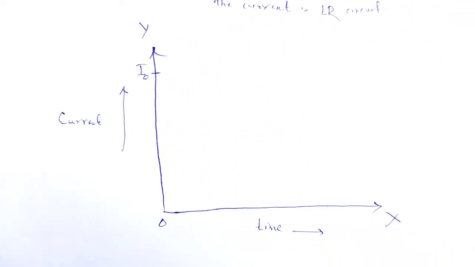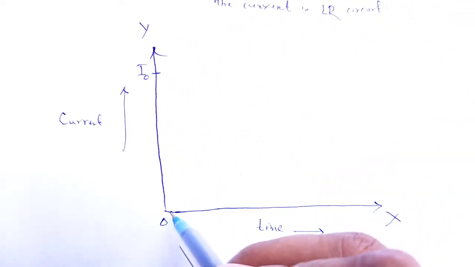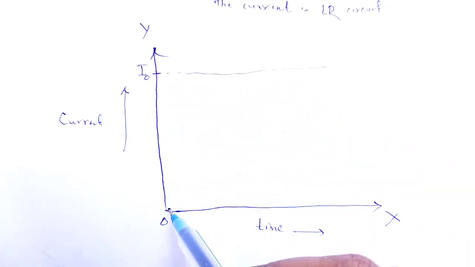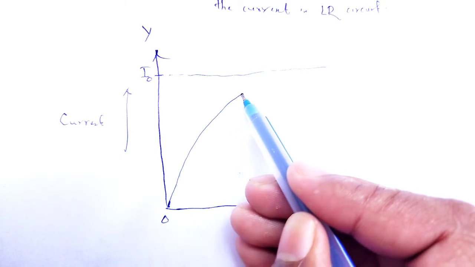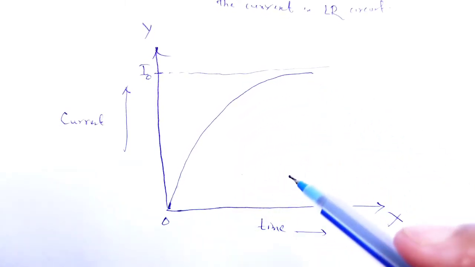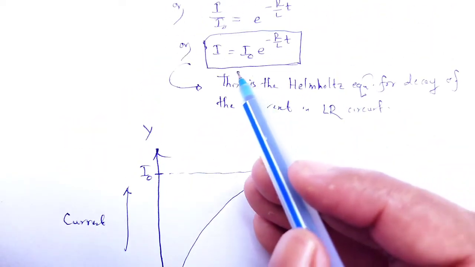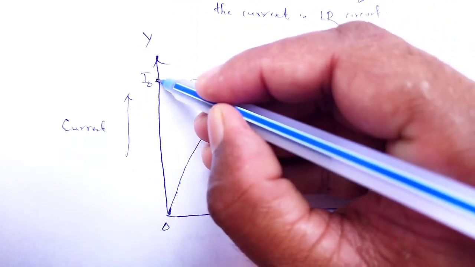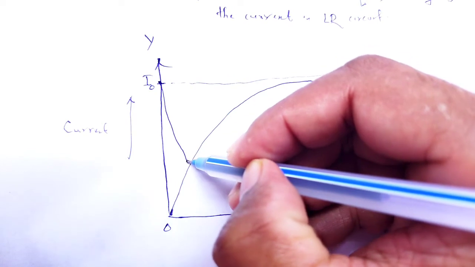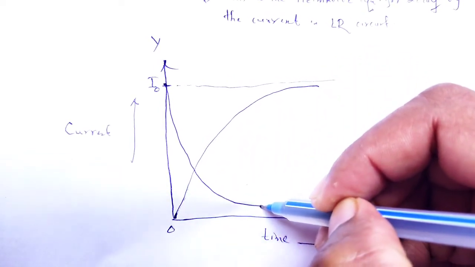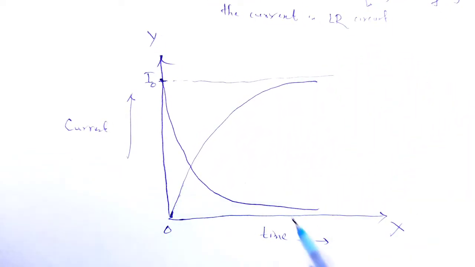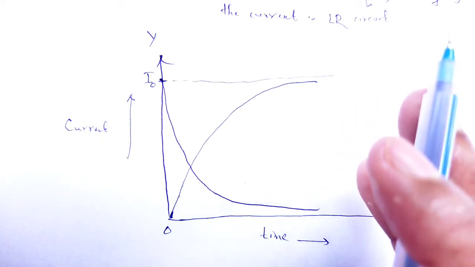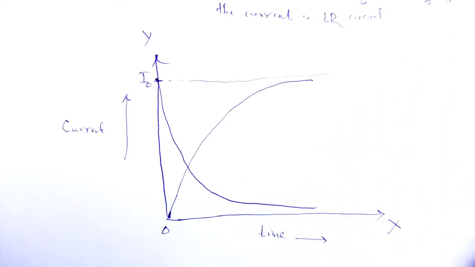So, in that growth case, the exponential curve looks like this. And in case of decay, I is equal to I naught e to the power minus R by L into t, the exponential curve looks like this. This is the graphical representation of growth and decay of current in case of LR circuit.